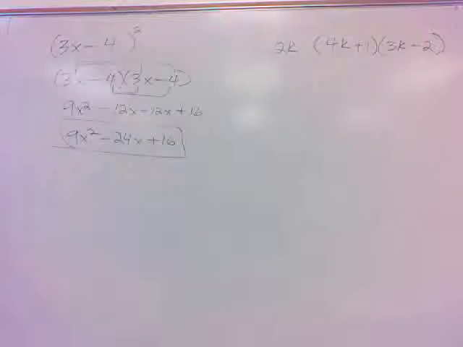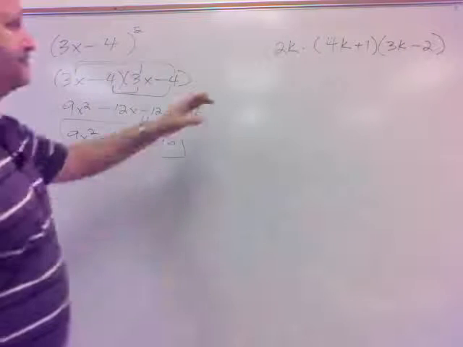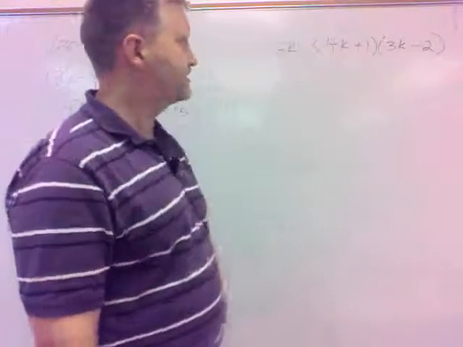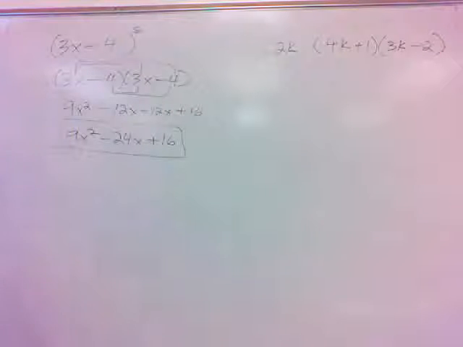Well, of course that's three things multiplied together. I've got 3 things here I've got to multiply together. Well, I do have to at some point multiply everything all together, and there's different orders you can approach this. Here's one way.